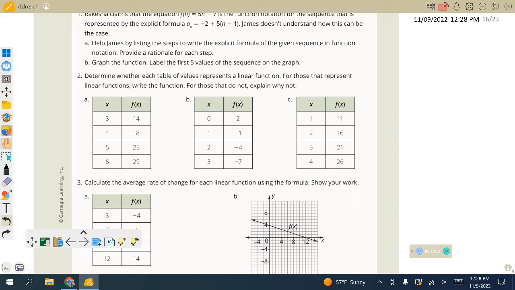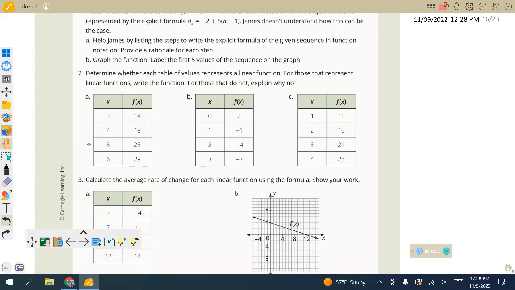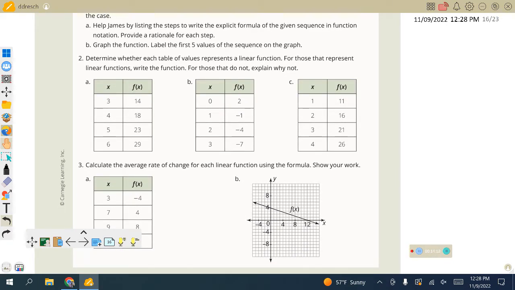Let's do that. Letter A. All right, to determine if it's linear or not, I had said I always look at these y's first. And I ask yourself, hey, what are your eyes doing from 14 to 18? How do you go from 14 to 18? Add 4. That's right. Nice beat there. 18 to 23, what do we do?